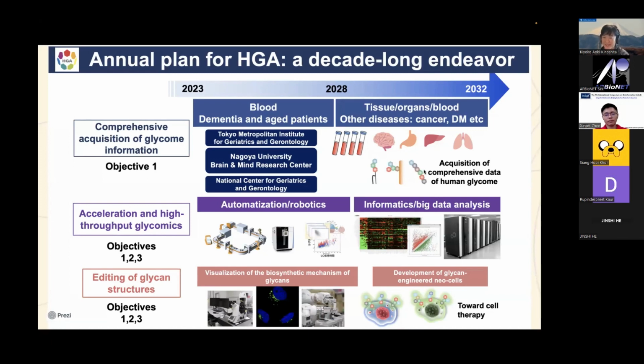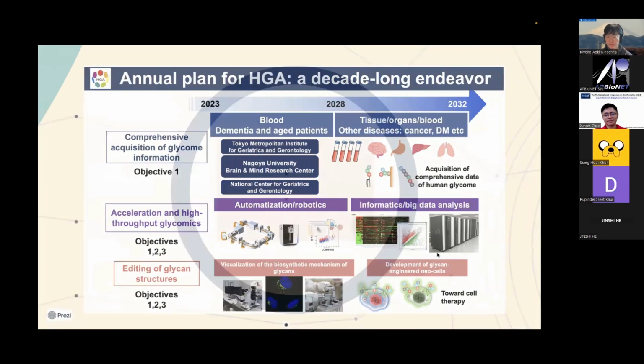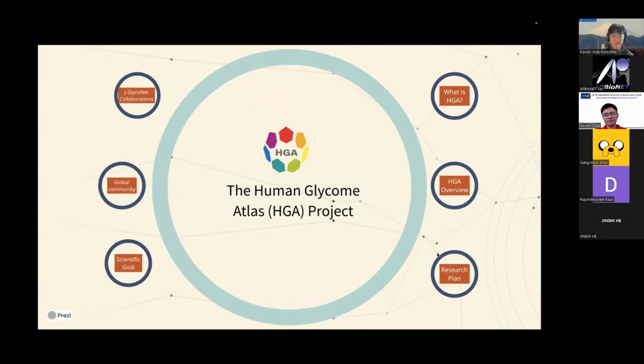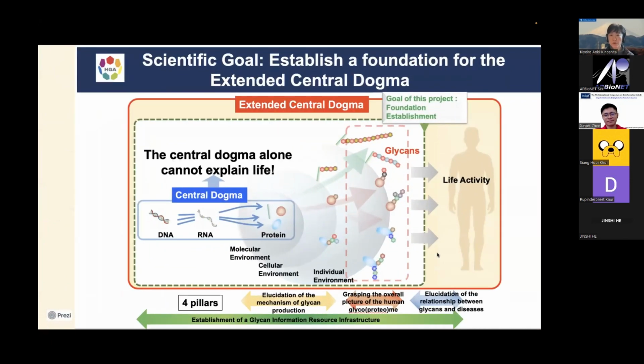Well, a long time, to be able to support and provide all this information to the open data space. So the ultimate scientific goal is to establish a foundation for the extended central dogma. The central dogma itself is not enough to explain life. We haven't been able to solve a lot of major diseases based on just the central dogma.